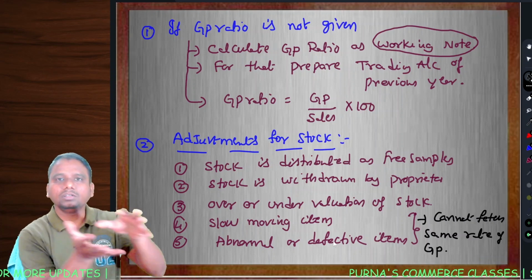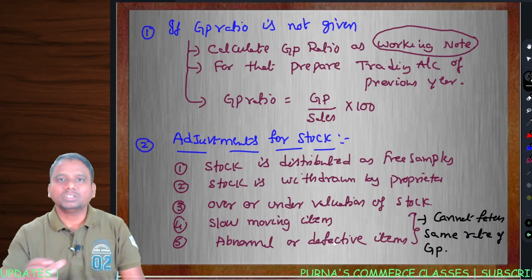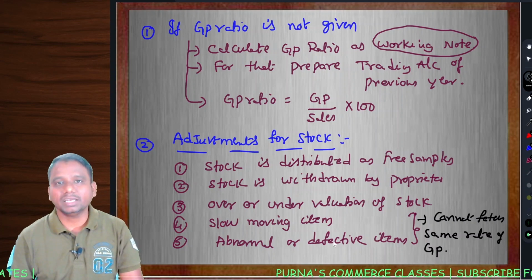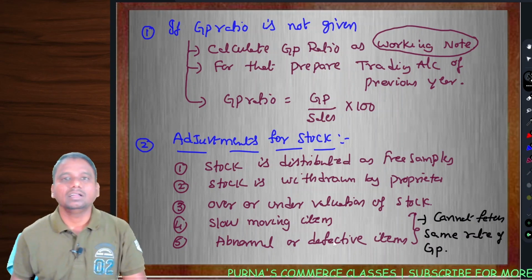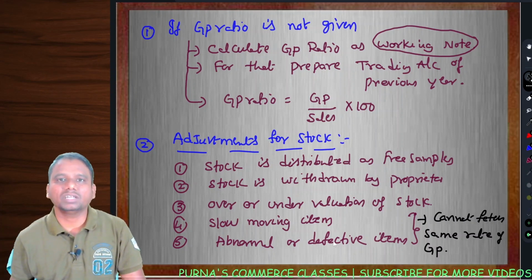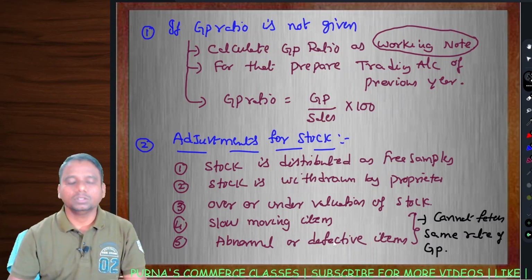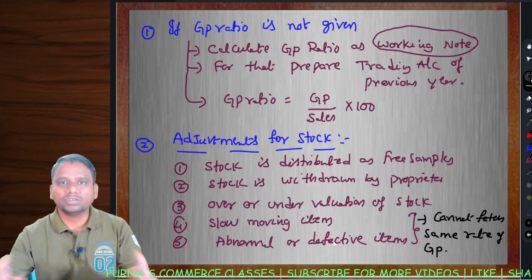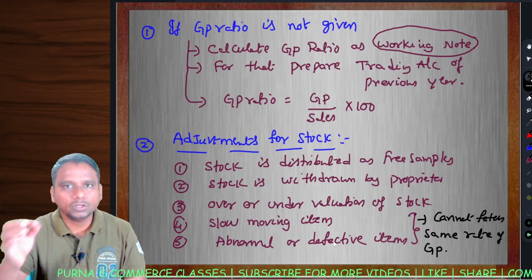See, normal goods can fetch the same or similar rate of gross profit, but slow moving items we may sell for less price. Defective items also we sell for less price. So these things cannot fetch the same rate of GP, so from the stock we should differentiate these slow moving and abnormal items. I hope you are following.